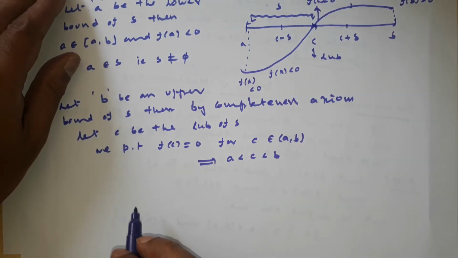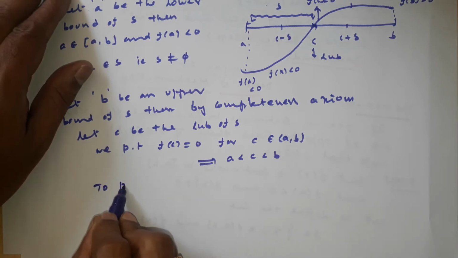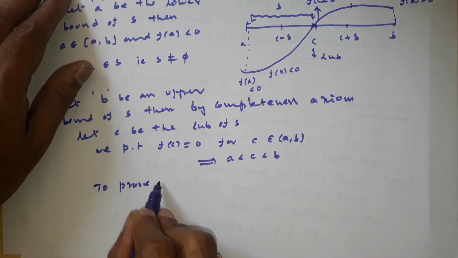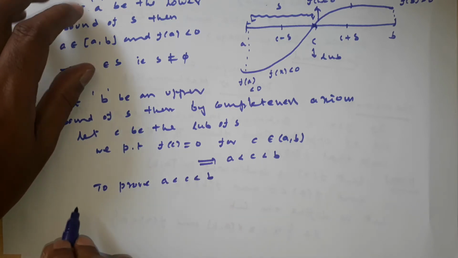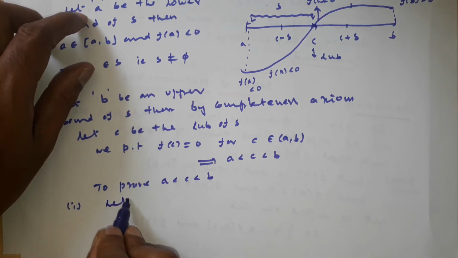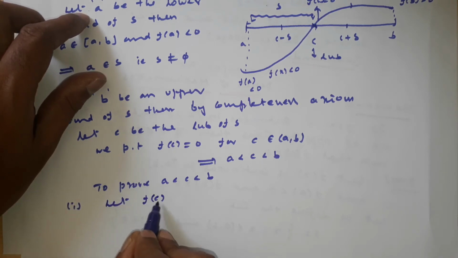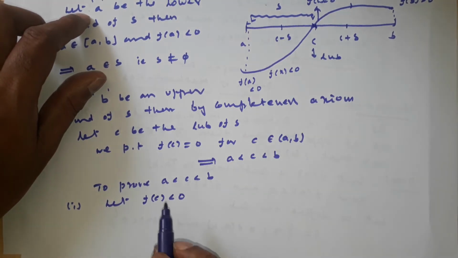Functional value will be equal to 0. So first of all, this we can prove. To prove A is less than C is less than B, the first point: let f of C be less than 0.